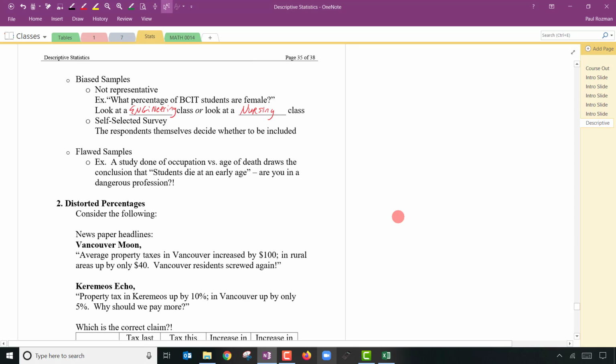Other biases that we have in samples are self-selected surveys. You see these on the news. The news will say, we're going to have a story tonight about increasing the speed limit in school zones. What do you think about this? Go to our website and tell us how you feel.